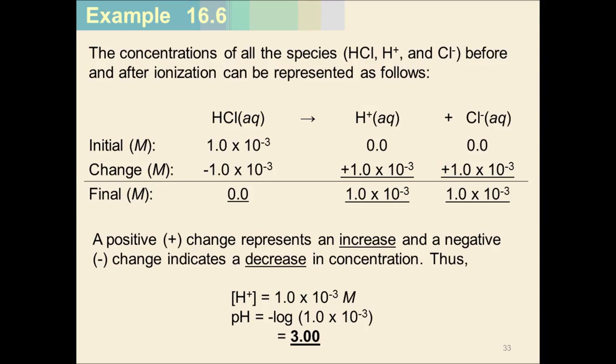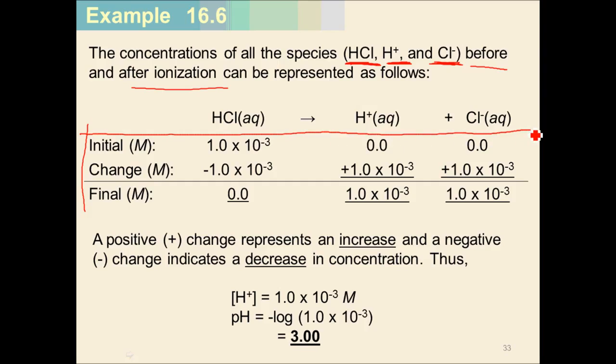On slide 33, example 16.6, now let's look at the concentrations of all the species: the hydrochloric acid, the hydronium ion, and the chloride ion, both before and after ionization. So here's how we do our ICE tables. You're going to have on line 1, just like we did in the last chapter, your reaction. HCl ionizes, one-way arrow, to the hydronium ion and the chloride ion.